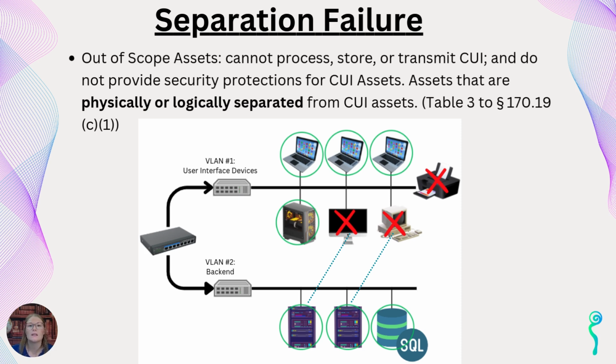It's not enough to say that those assets do not provide any security capability or functionality to your CMMC assessment scope assets. You have to also make sure that those assets, out of scope assets, are logically and/or physically separated from your CUI assets.